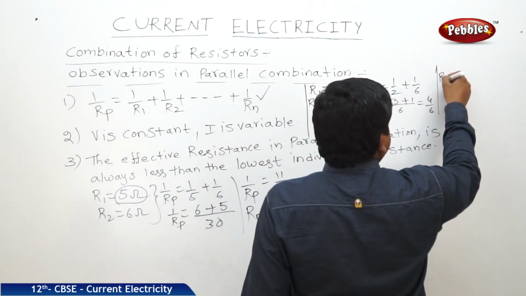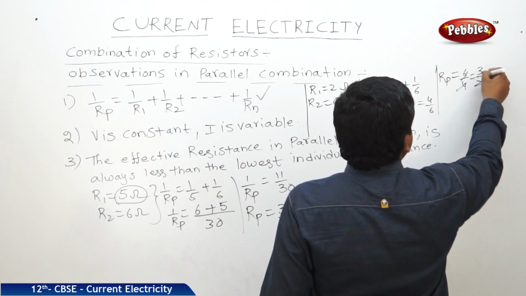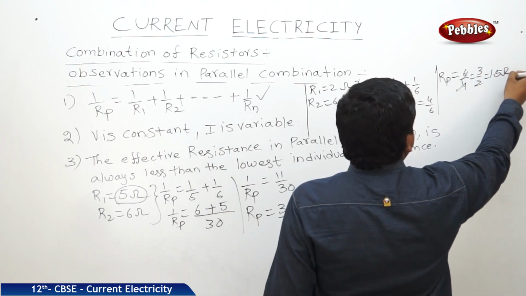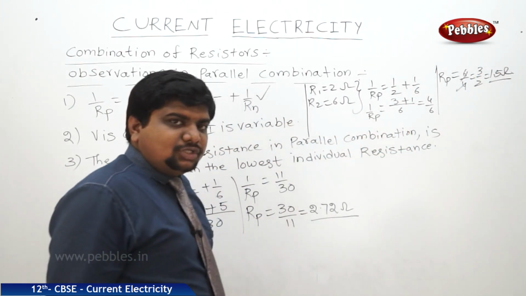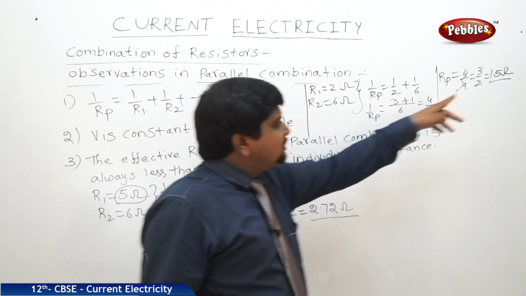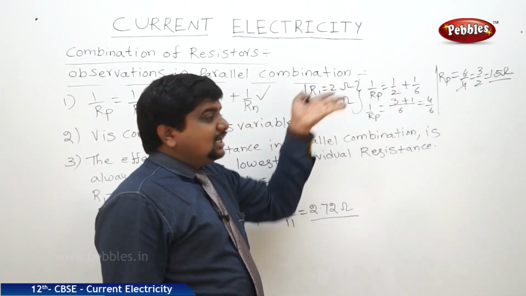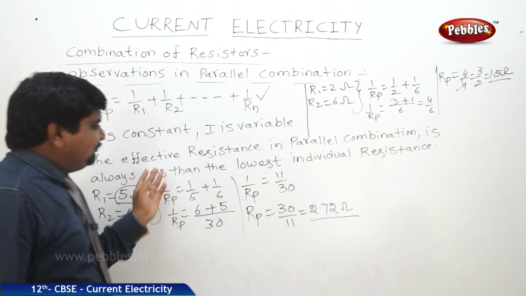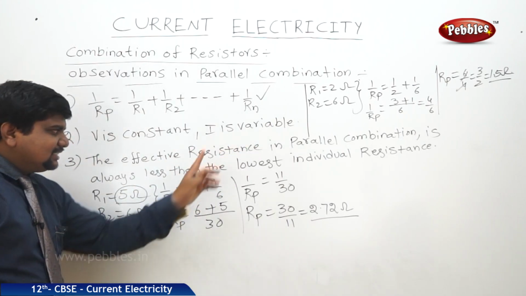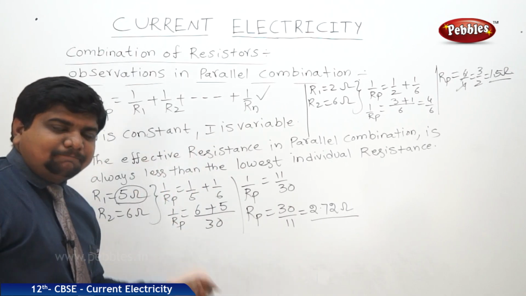With respect to this, Rp is equal to 6 by 4, nothing but 3 by 2, nothing but 1.5 ohms. So, the effective resistance of the parallel combination of 2 ohms and 6 ohms is 1.5 ohms. This 1.5 is less than 2. So, in any case, the effective resistance in parallel combination is less than the lowest individual resistance.